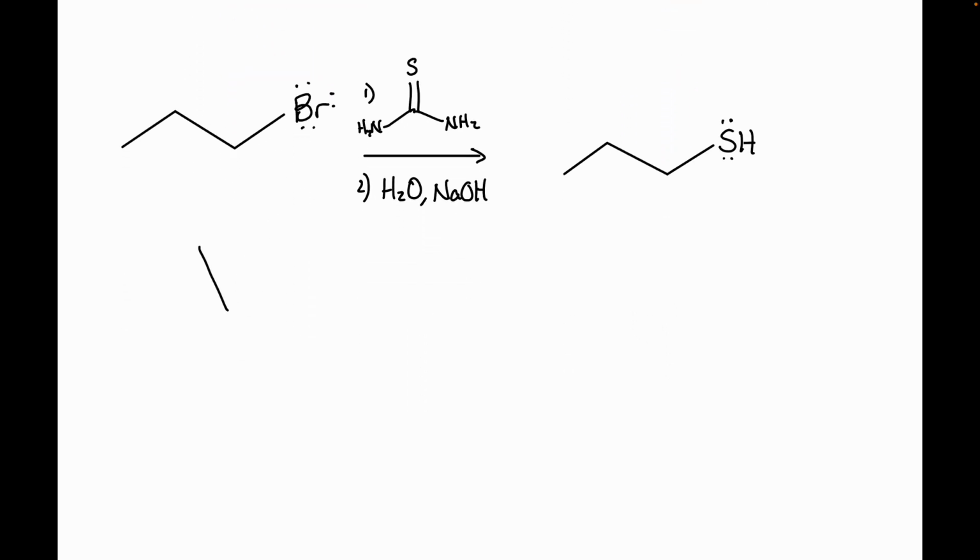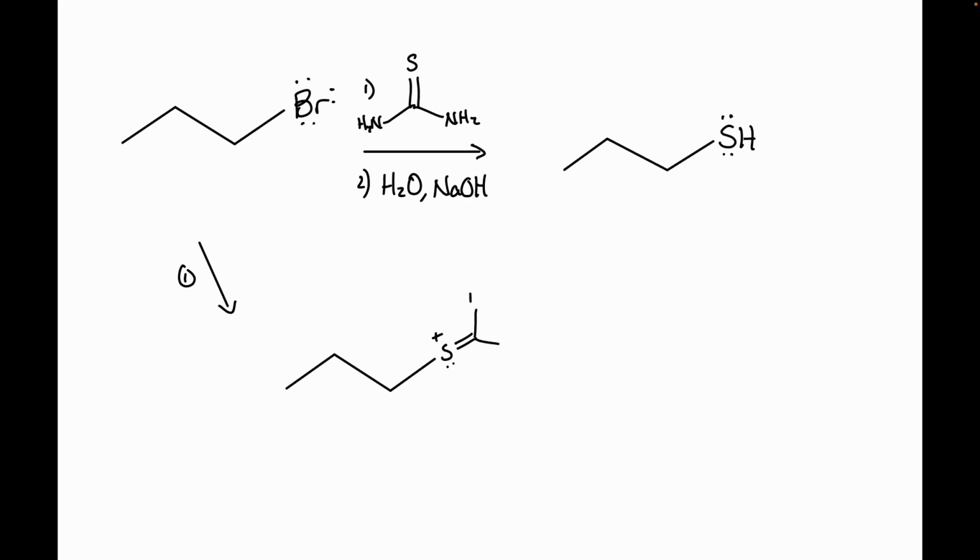All right, we're not really going to look at our mechanism other than to say, after that first step, that thiourea kind of globs itself on to this molecule. And it stays there until you proceed to that second step where you wash it off with the water and the sodium hydroxide.